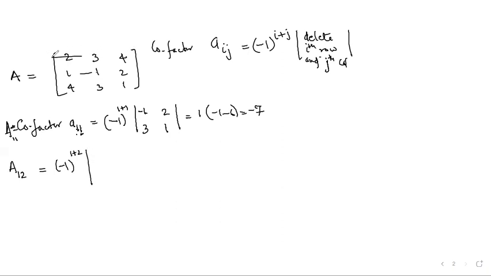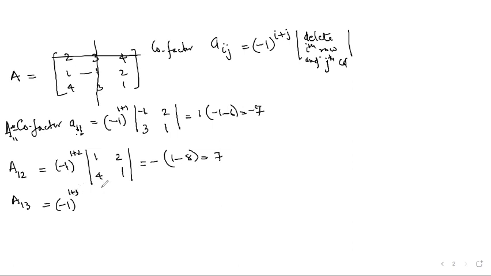If I delete this row and this column, what is left? 1, 2, 4, 1. That became minus 1 cube. Minus 1 cube is minus. Minus 1 minus 8, minus 7. So plus 7. Then A13. Minus 1 raised to 1 plus 3.